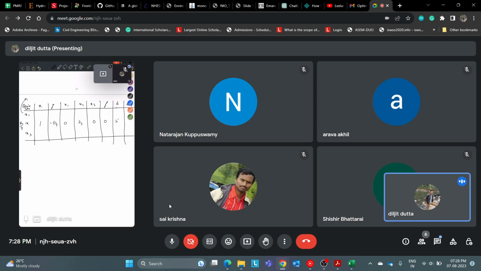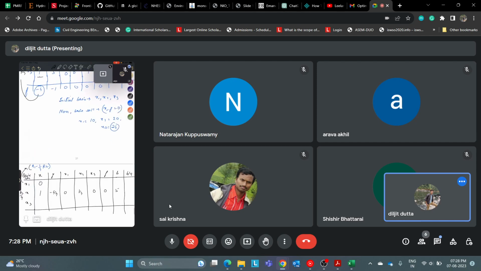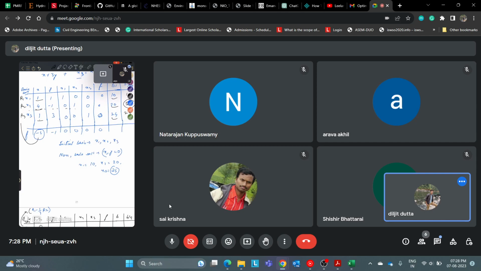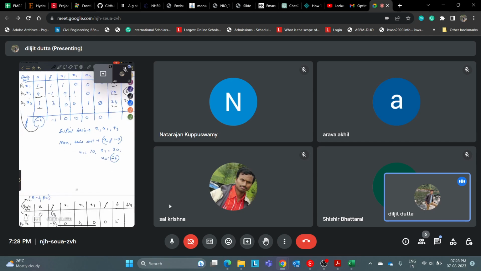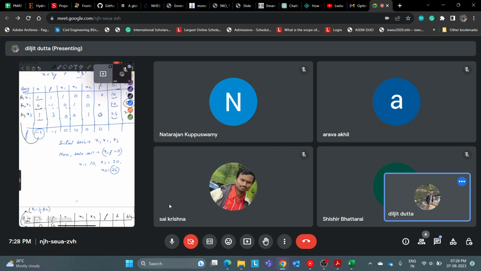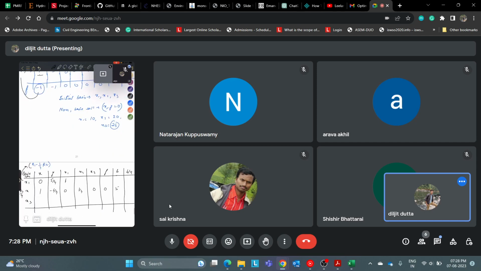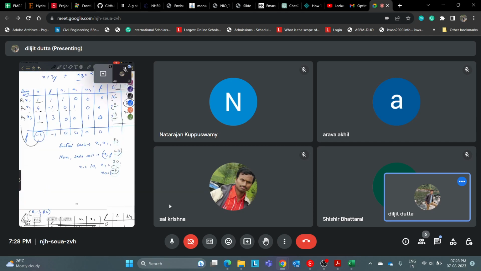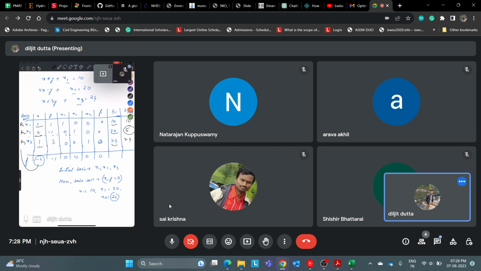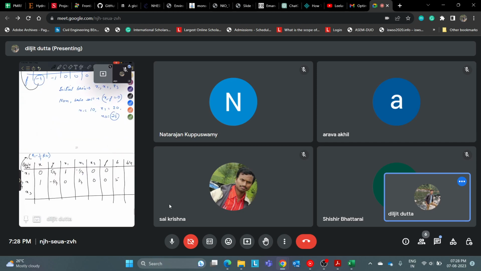The first value will be 0. For y, 1 plus 1 by 4 is equal to 5 by 4. 1 minus 0 is 1. 0 minus 1 by 4 is minus 1 by 4. This is 0. F is 0. This is 10 minus 20 by 4, 10 minus 5 is 5.